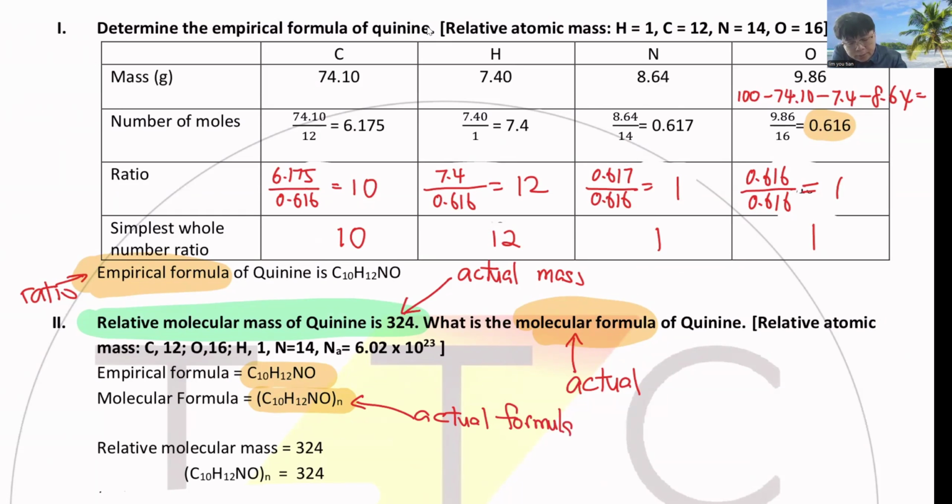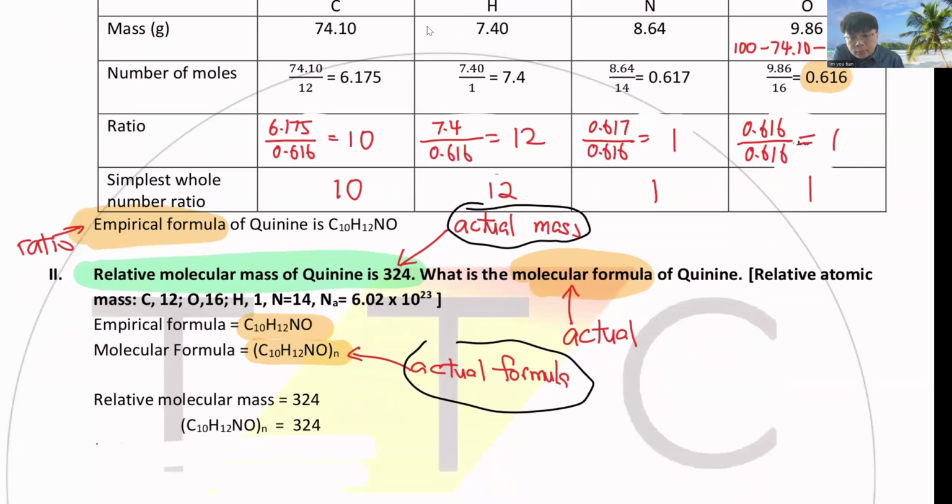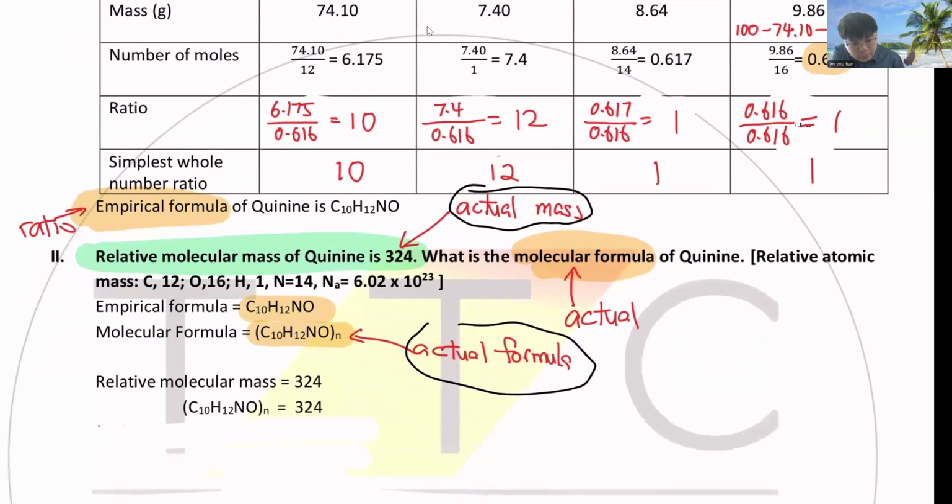Then the actual mass is 324. You put these two together. After that, you start to calculate it. Carbon is 10. Hydrogen is 1.